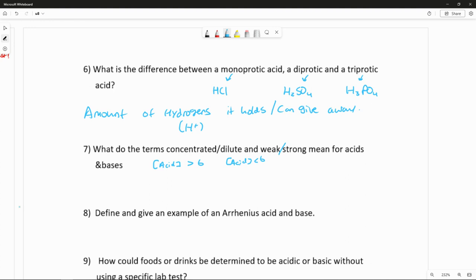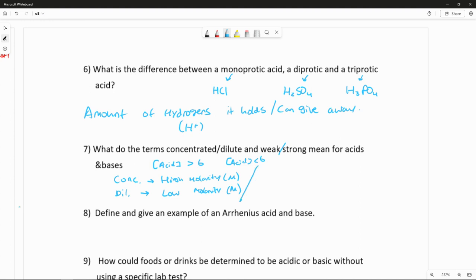So we can just write on the bottom here, concentrated, which means it's a very high molarity, which is M, capital M. Dilute means you just basically have a low molarity. And the borderline cut for this is going to be 6. If it's greater than 6, it's a high concentration. Less than 6, it's a low concentration.